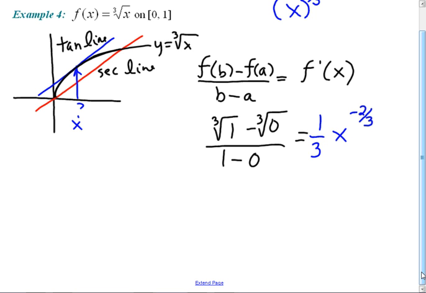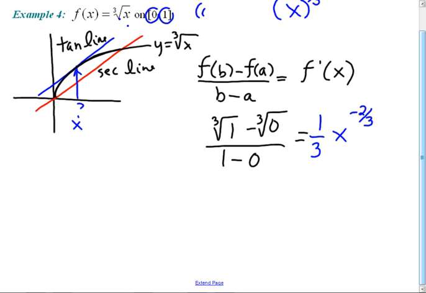This is f of this endpoint, and that's f of this endpoint. Because it's a cube root, that's my function. The slope formula for this function is the change in y over the change in x. What's the slope there? I have to know the ordered pair.